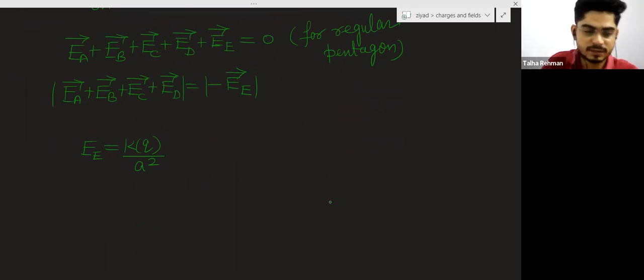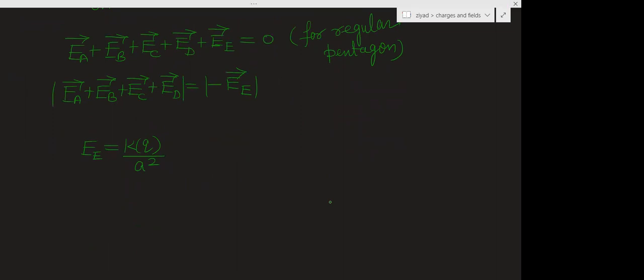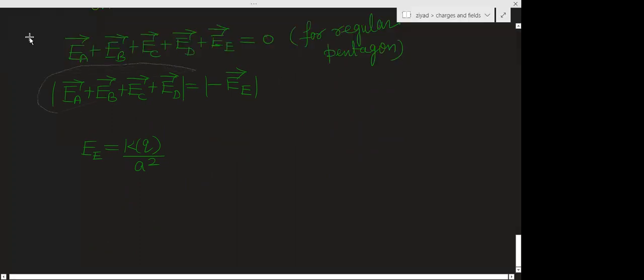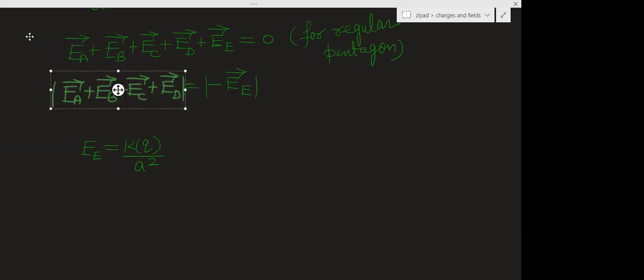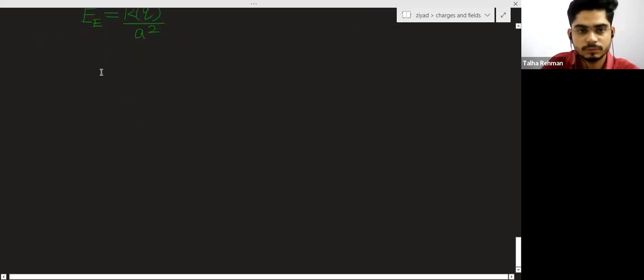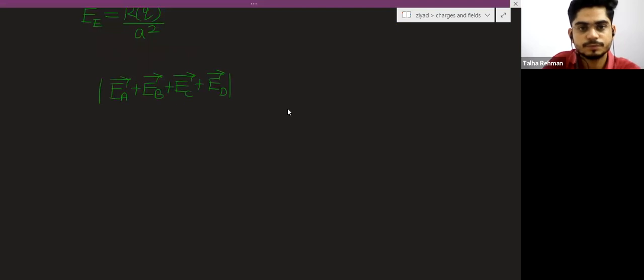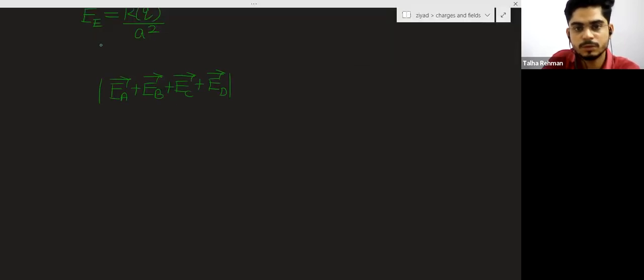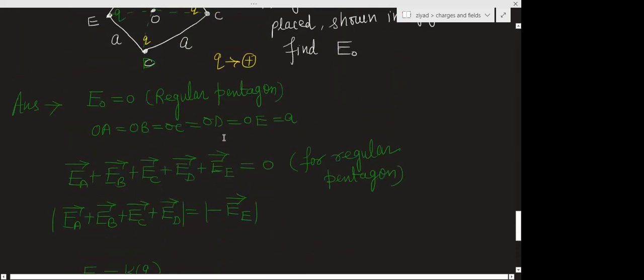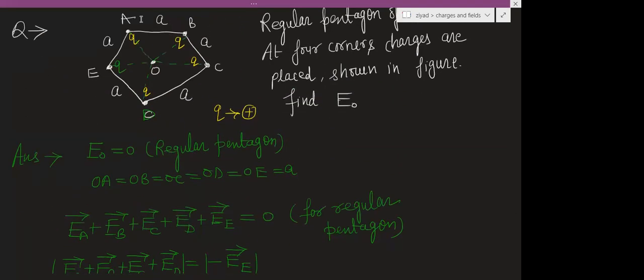So you can write this is equal to KQ divided by A square. This is your answer. This is a little bit of a tricky question. You have to think about it.